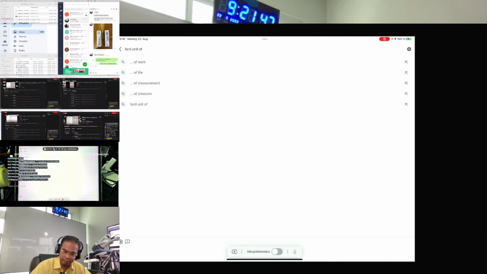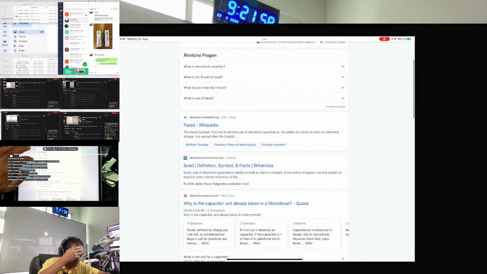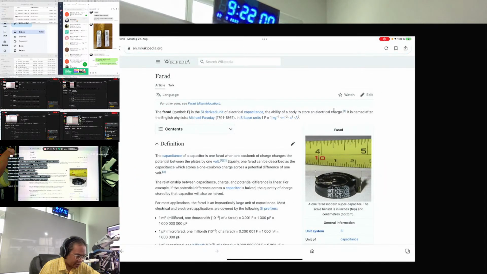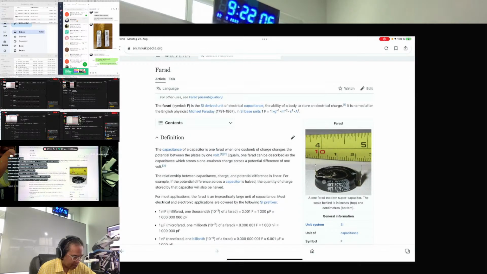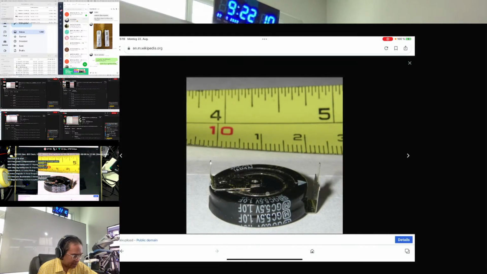Farad is the unit of capacitor, and here is a figure of a capacitor.